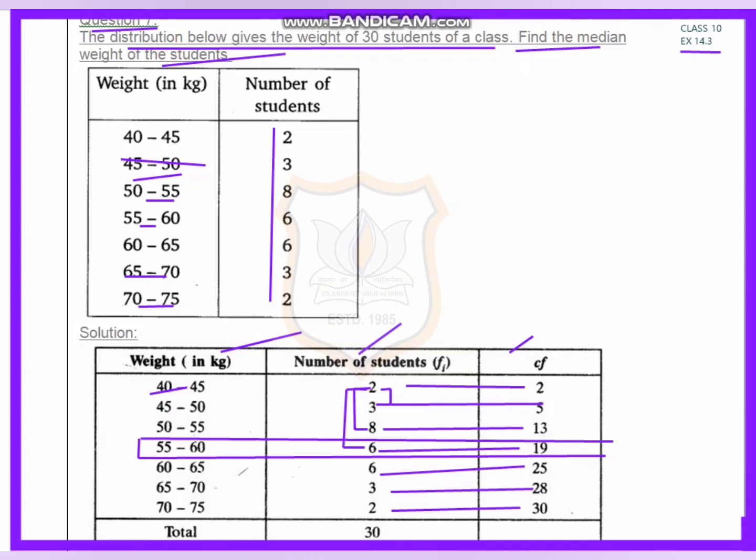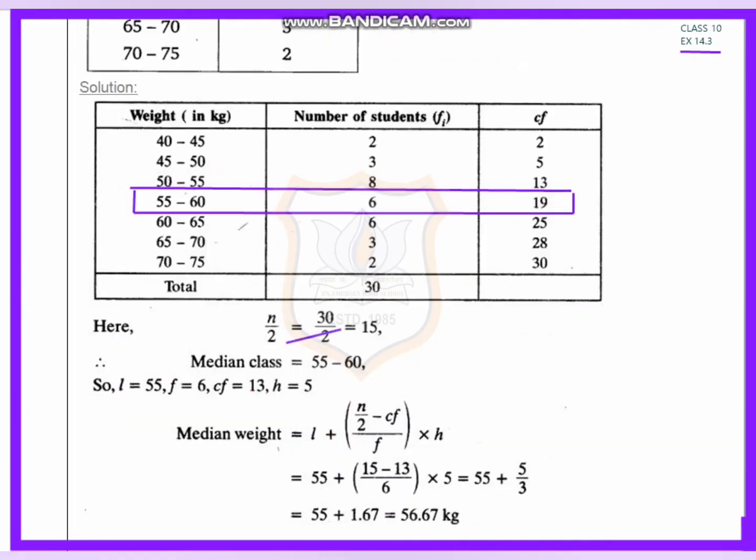On this basis, we have to find the values of the parameters in the median formula and put them in. First of all, n by 2 is 15. The median class is 55 to 60. So L, the lower limit, is 55.